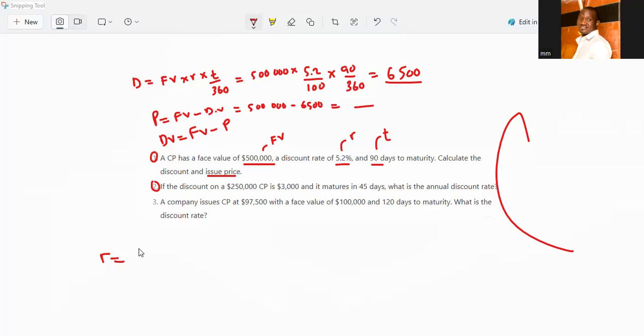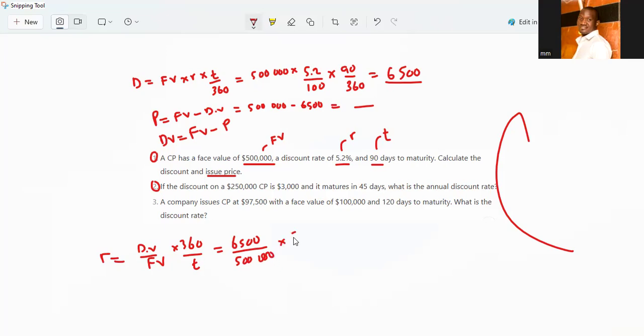Discount value over face value times 360 over time. So our discount value in the initial question was how much? 6,500. And our face value was how much? 500,000.